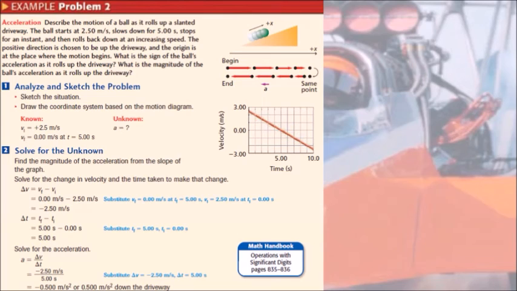So if we take 0 minus 2.5, we get negative 2.5 meters per second. How long did that take to happen? Over a period of 5 seconds that was given to us. So if we take negative 2.5 meters per second divided by 5 seconds, we get negative 1/2 meter per second squared. Now, with sig figs, you are going to have 3 significant digits, so it would be negative 0.500.